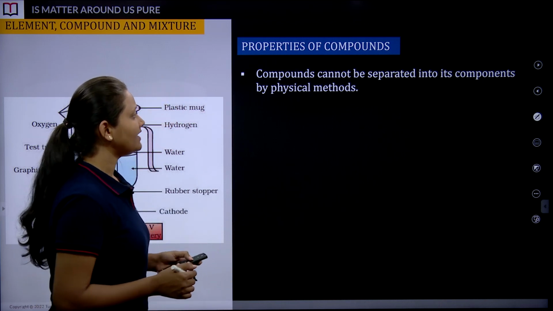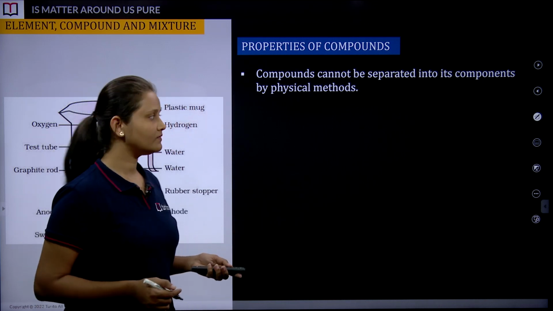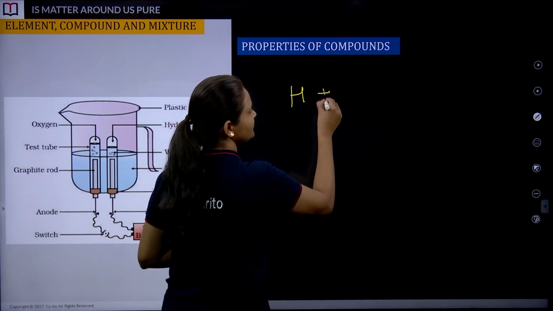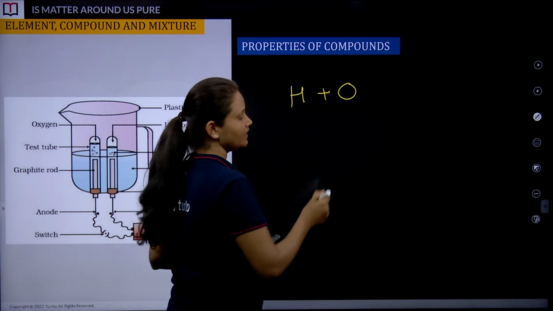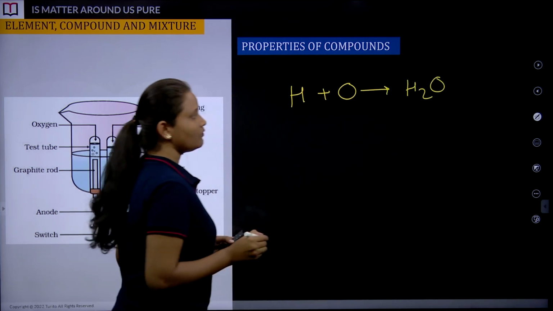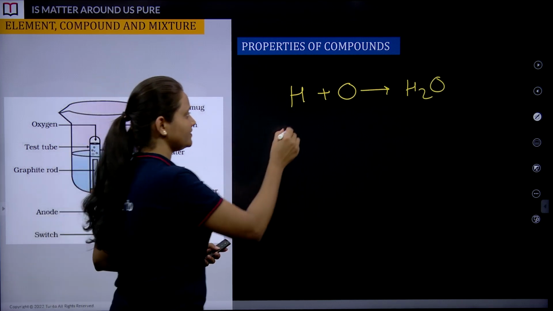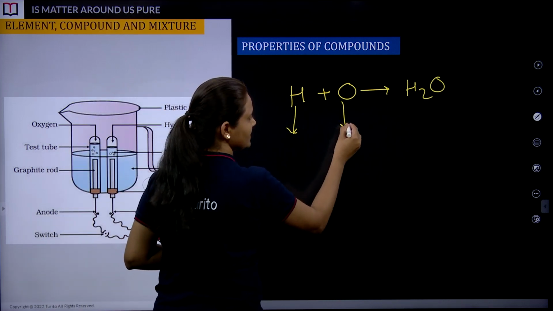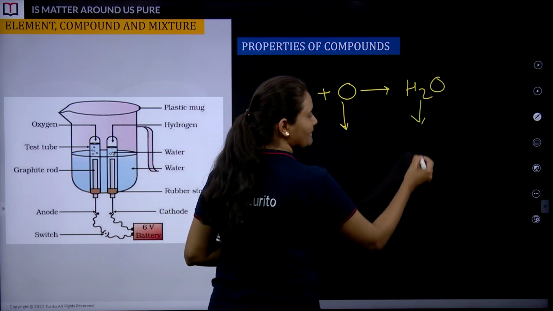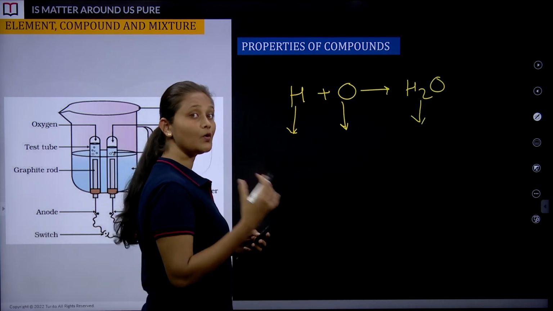Next, let me give one small example. Again, hydrogen is reacting with oxygen, going to give you what? Water. Hydrogen is a gas, oxygen is a gas too, and this is your compound which has its own set of properties. How?